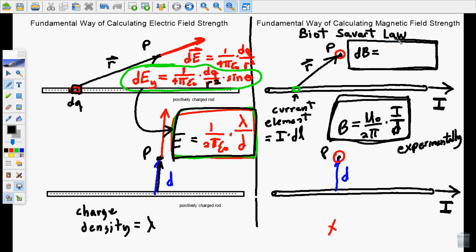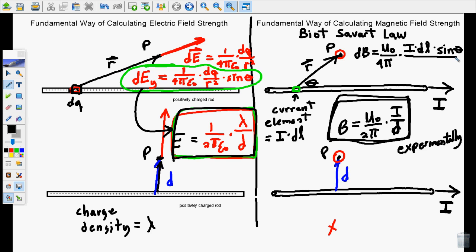So, what is the relationship? Well, let me make a little room here. Mu sub naught over 4 pi times the current element I dl times sine of theta, where theta here is this angle right there between the direction of the current and that R value, all over.